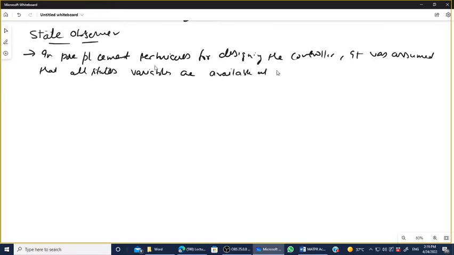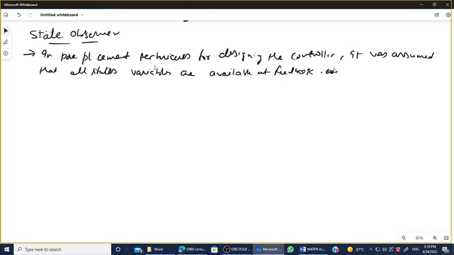So it's the very first concept we have seen already. In the pole placement technique for designing the feedback controller, it was assumed that all state variables are available for the feedback, since the system is completely controllable.